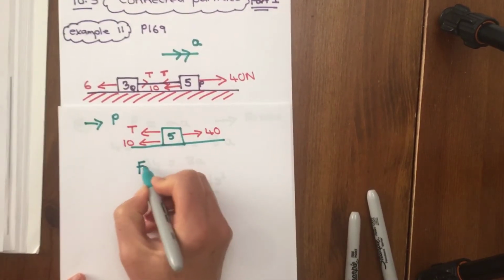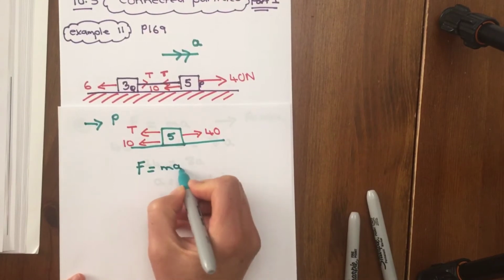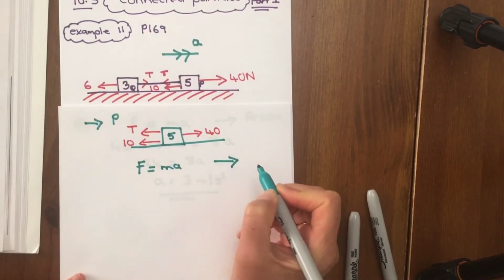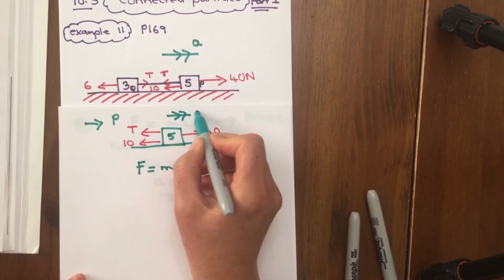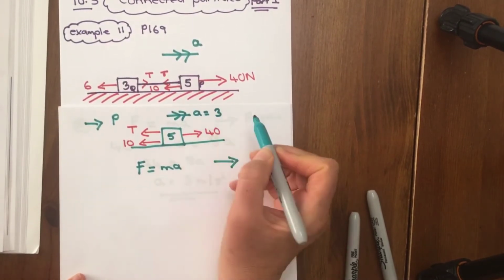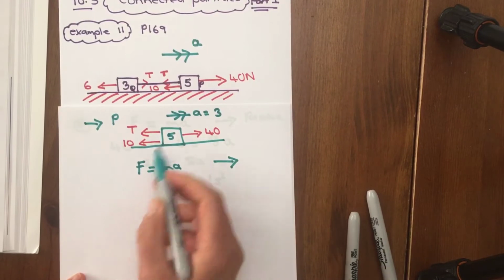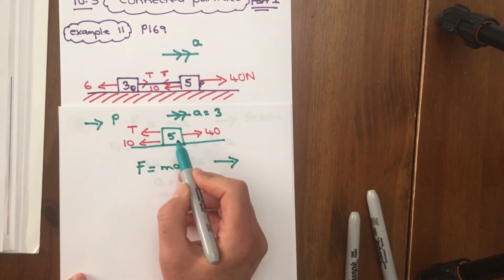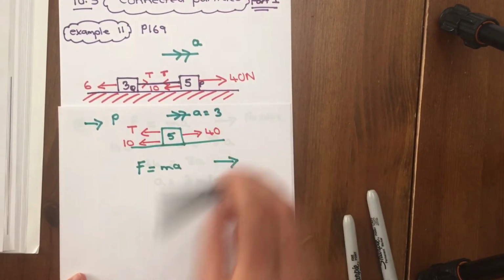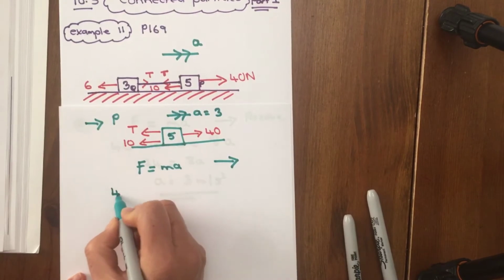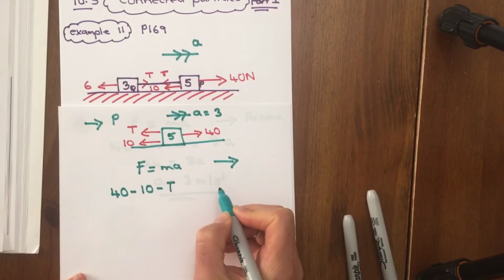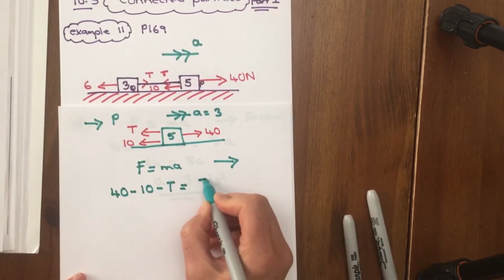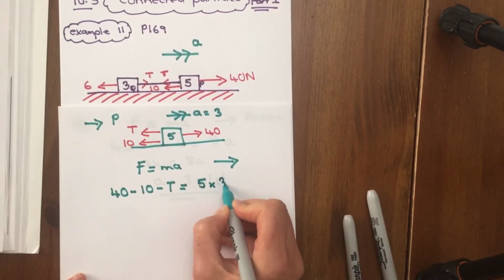So I'm going to look at F equals ma, using this as the positive direction, and I know the acceleration is equal to 3. So the total force on this particle going to the right as positive is 40 minus 10 minus T equals my mass times my acceleration.